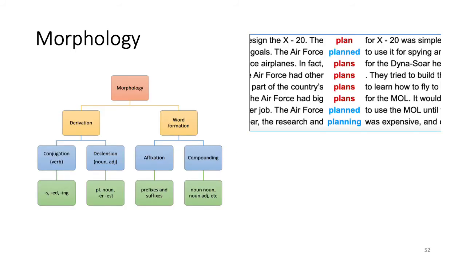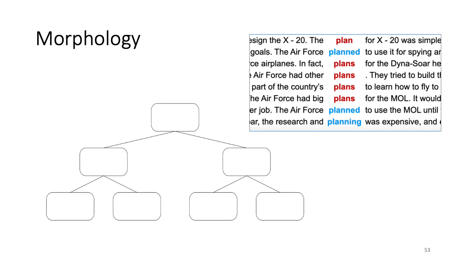Now, morphology, an obvious aspect of language study, deals with the forms of words, and we've got derivation on the left and word formation on the right. And when students are tasked with finding words in a text, they can put them into this shape here.